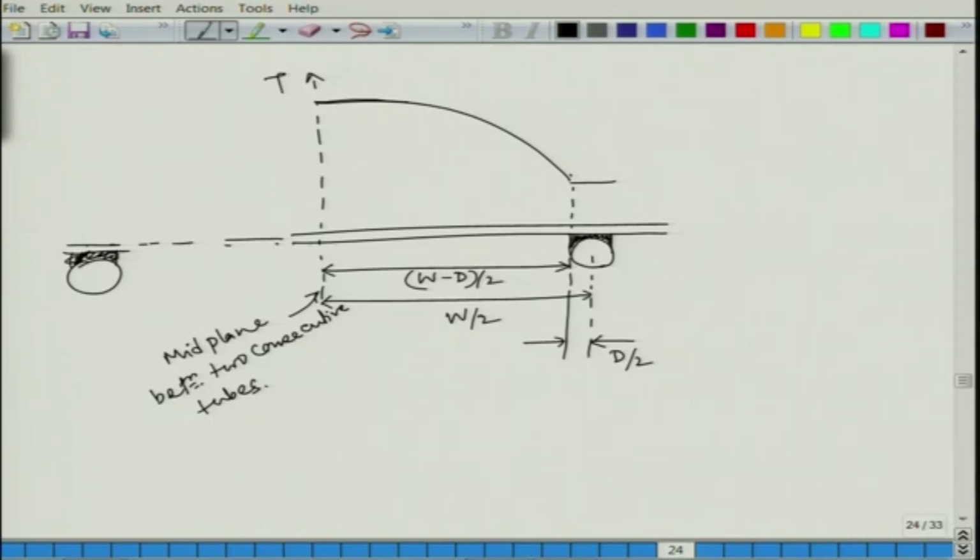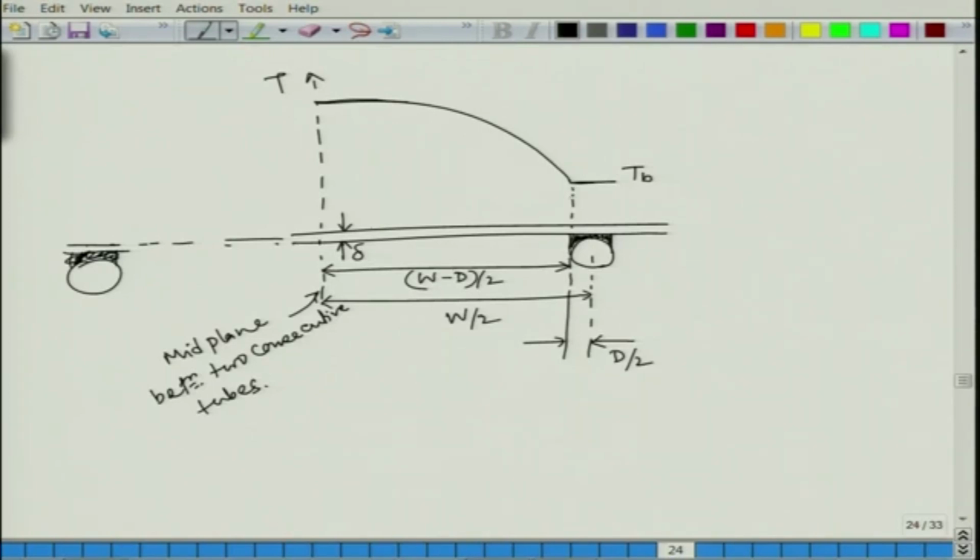Okay. Now, let us say that we have a thickness delta of this plate. Okay. And for the temperature, we have seen that we used this symbol T b, which will be just on the area on the top of the tube. Okay.